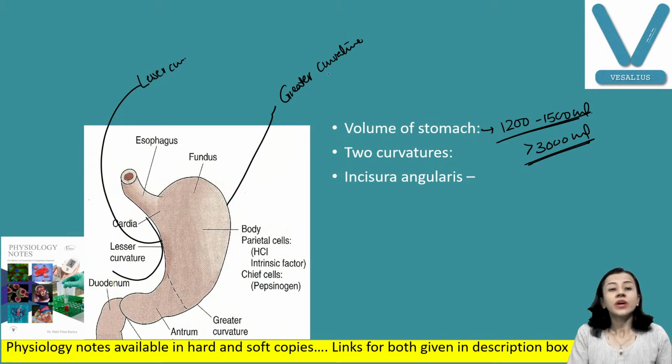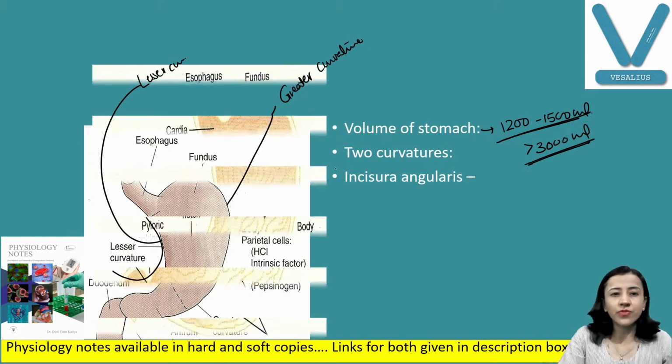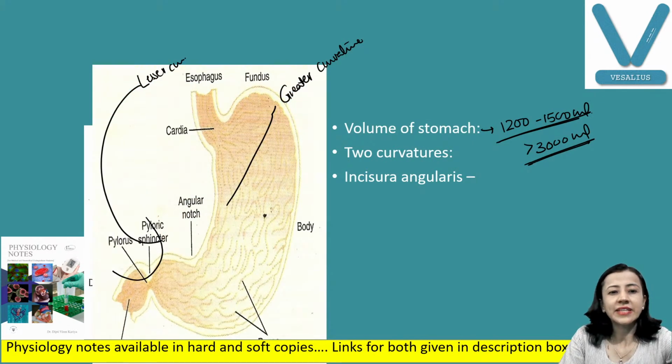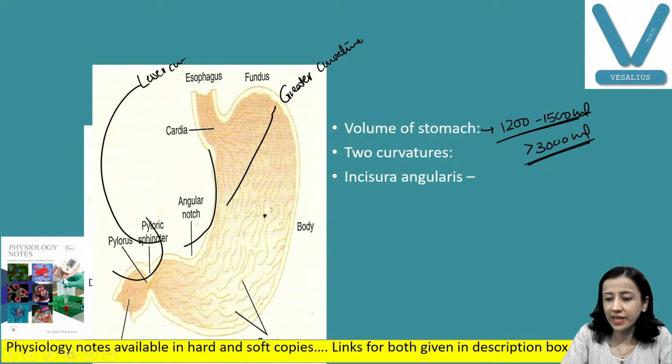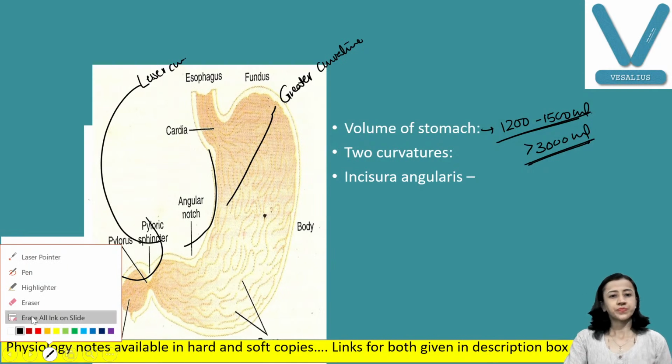Now, at the angle along the lesser curvature, I'll just show you, give me some time. Here the diagram has been changed.